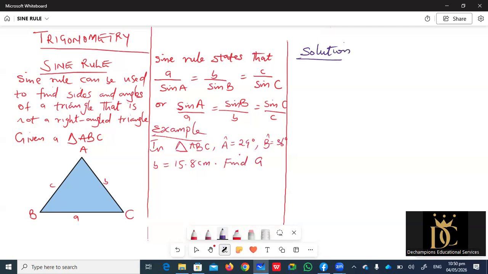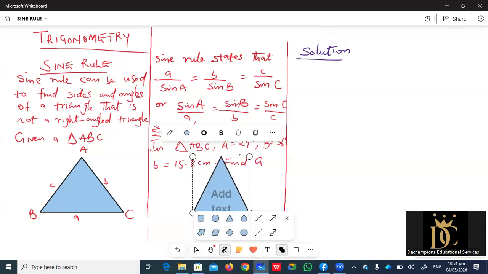The question says, in triangle ABC, angle A is 29, angle B is 36, side b is 15.8 centimeters. So find side a. Let's draw a sketch of our triangle.